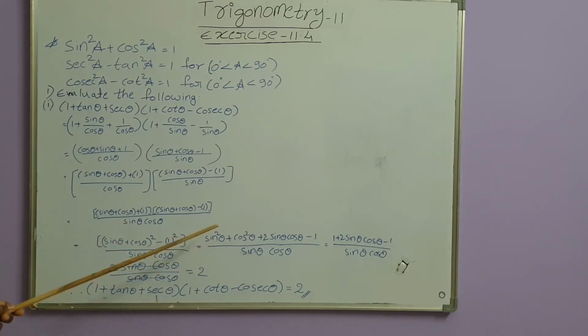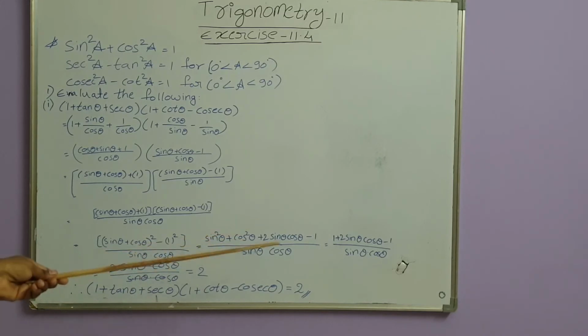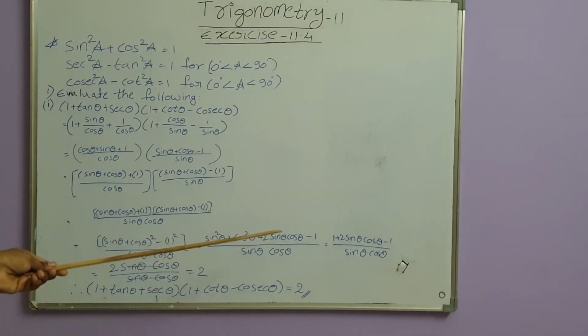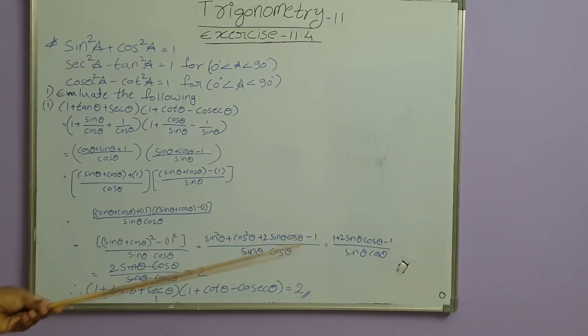Sin square theta plus cos square theta plus 2 sin theta into cos theta minus 1, by sin theta into cos theta. Here sin square theta plus cos square theta is equal to 1. So this formula substitute here. Sin square theta plus cos square theta is 1, plus 2 sin theta into cos theta minus 1, by sin theta into cos theta.